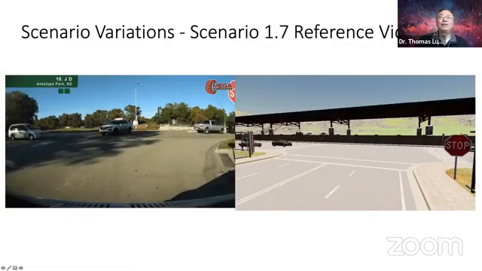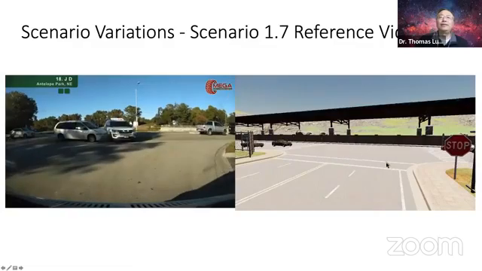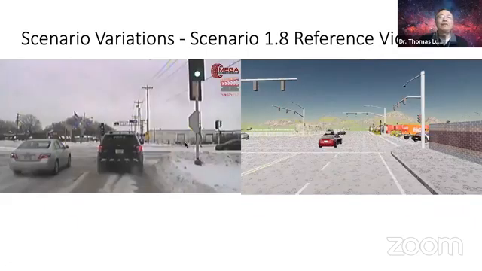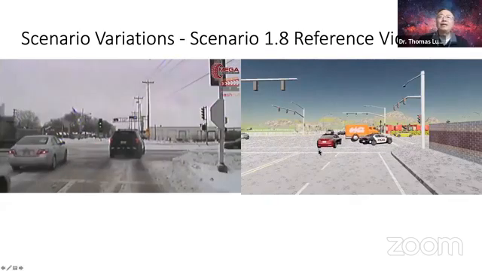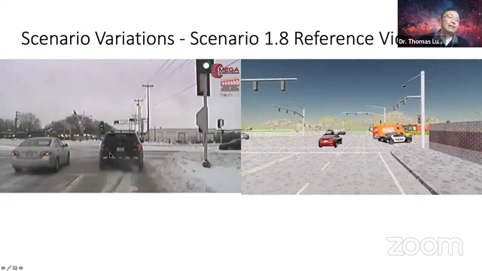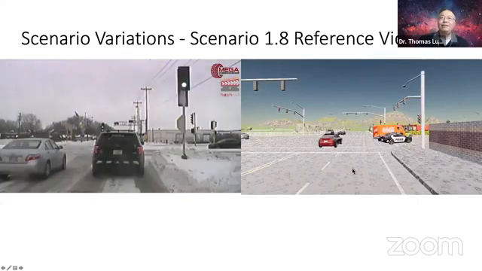And again, this one is in the snow, although we cannot see snow here, but it's very bad weather. And then there's a truck coming from the left and hitting the police car. And again, this is another one. It's very hard to see from this video, but this is a simulation from Carla.